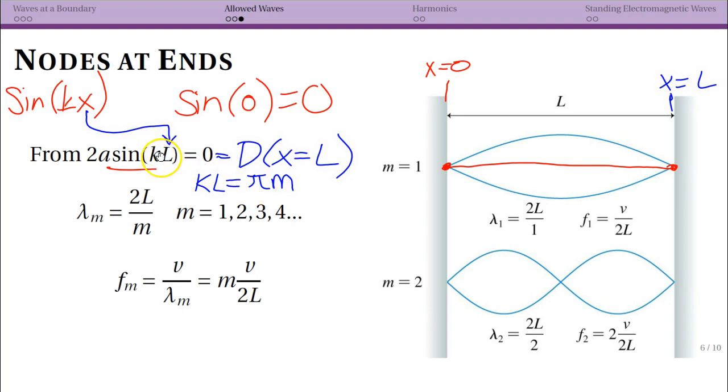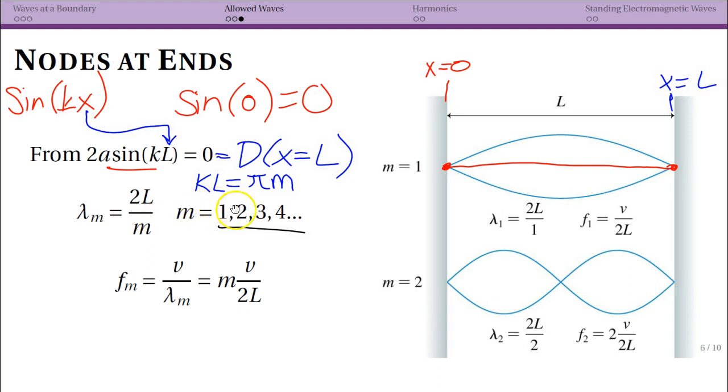So whatever's on the inside could be pi, 2 pi, 3 pi, 4 pi, etc., and that would be sufficient. So when you use how k relates to lambda, you then get this new condition, which is lambda equals 2L over m. And m here is this integer, 1, 2, 3, 4, and so on.